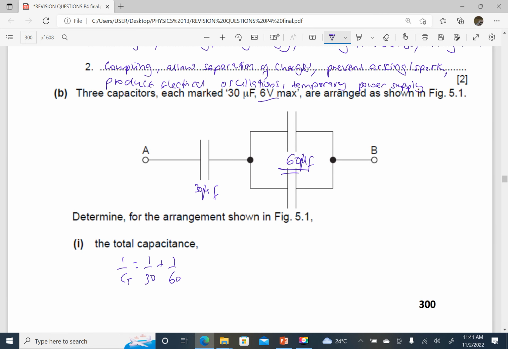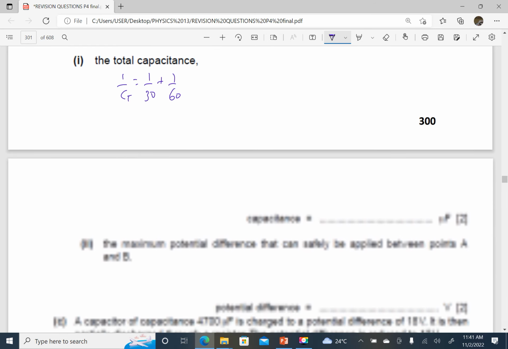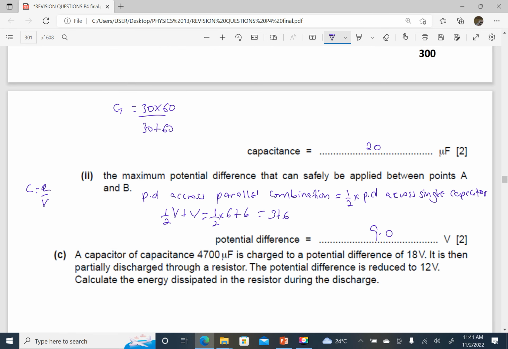If here there is 6 volts, here it should be 3, so the total is 9 volts. So the maximum potential difference that can safely be applied between points A and B is 9.0 volts. This statement is very important: the PD across the parallel combination is half the PD across a single capacitor.